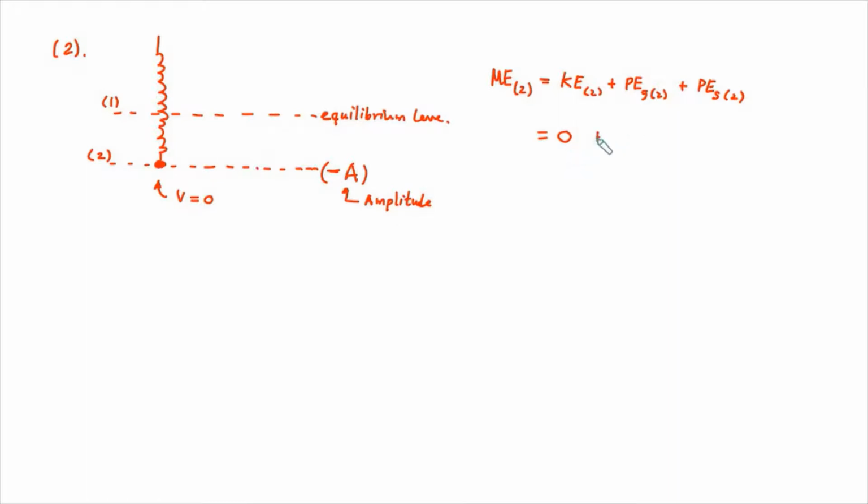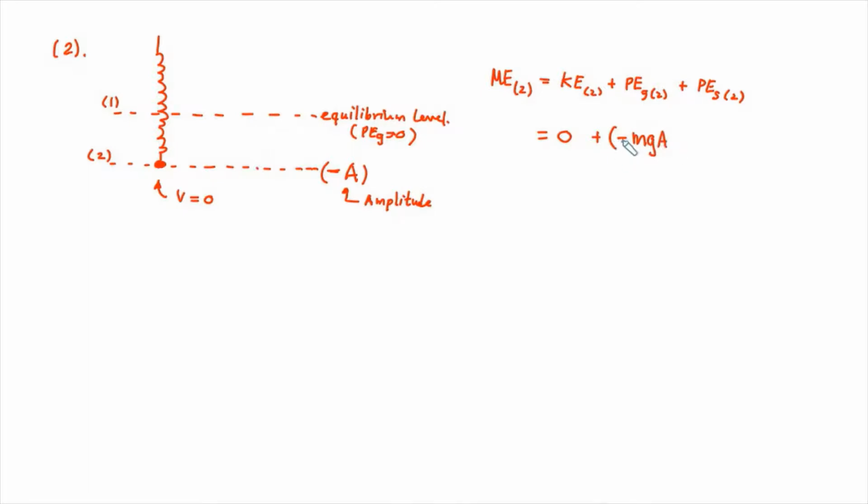And potential energy due to gravity, if you recall, we measure with the reference level as the equilibrium level. So since level 2 is below the equilibrium level, I'm going to consider it as a negative potential energy. So potential energy due to gravity is written as mg times the vertical position. So m is the mass of the object, mg, and instead of h I'm going to put A.